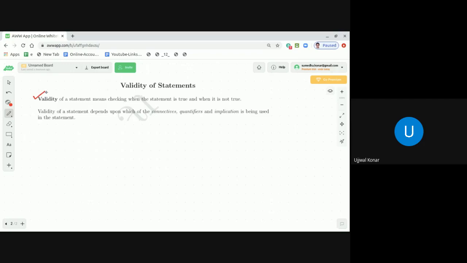Now, validity of a statement depends upon connectives, quantifiers, and implication which have been used in the statements. So, let me give you an example of validity of a statement with and.